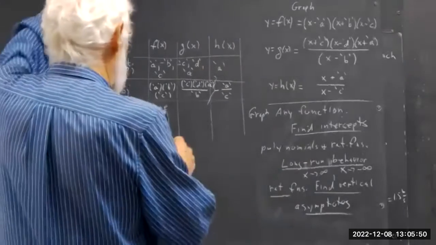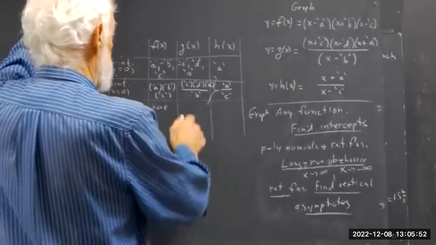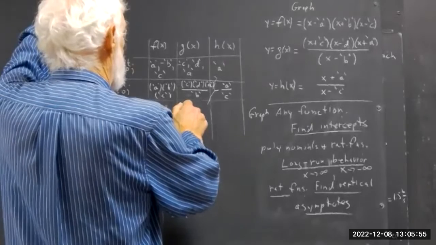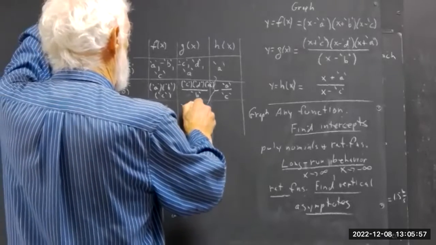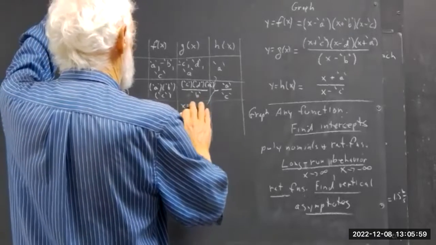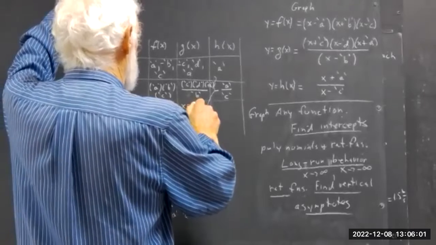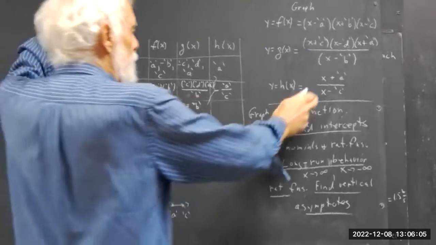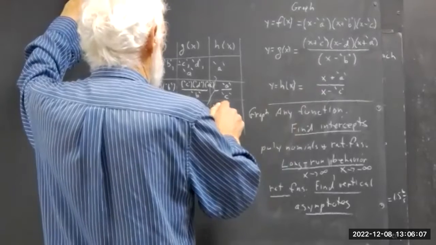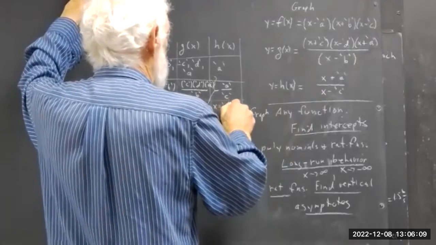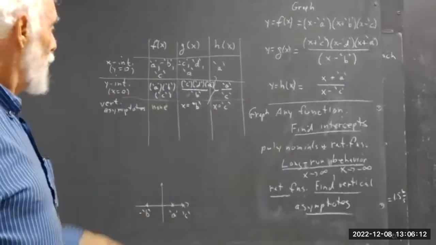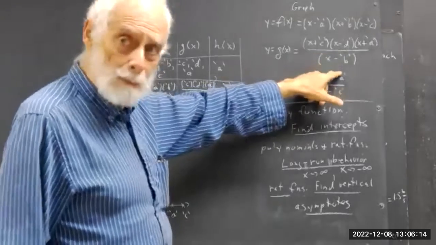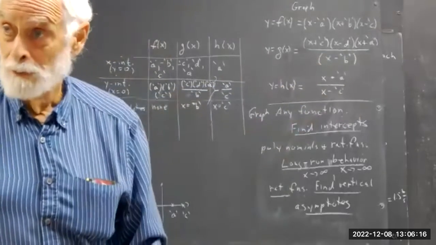Now over here, there is a vertical asymptote at x equals whatever your B number is. And this one has a vertical asymptote at x equals whatever your C number is. Because as x approaches B, your denominator approaches zero.